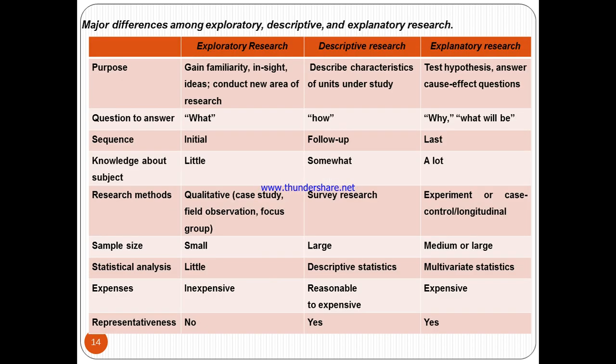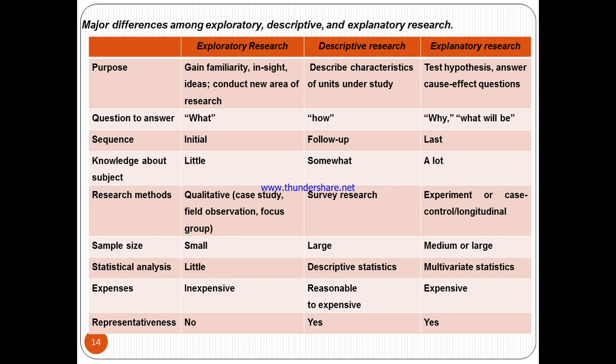So this table shows the major differences among exploratory, descriptive, and explanatory research. We can see the purpose of exploratory research is to gain familiarity and insight into ideas, and to open new areas of research, to get new ideas.